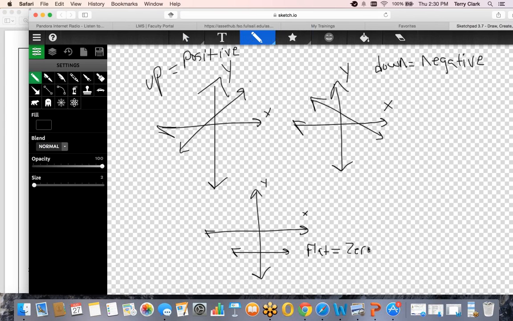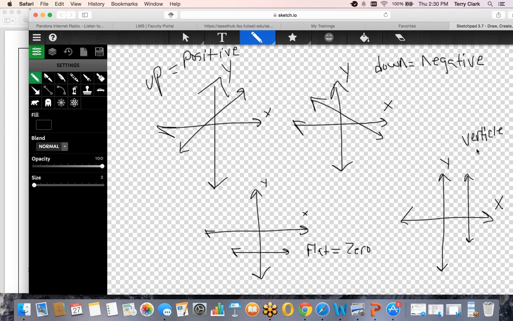Okay, and then the last graph I want us to see is going to be a vertical line. Another word for flat can be horizontal. So we can say vertical.